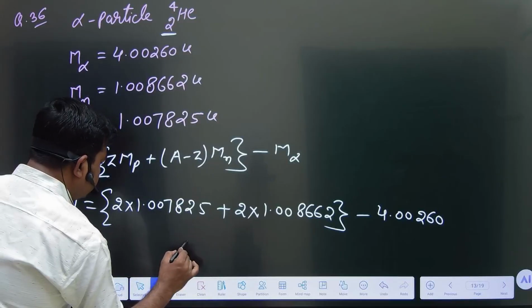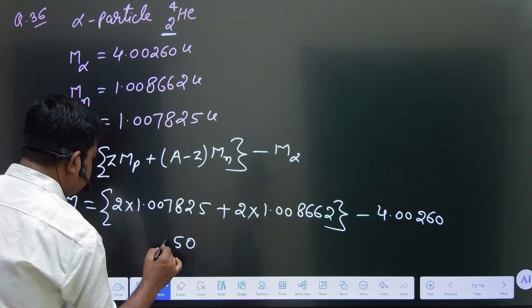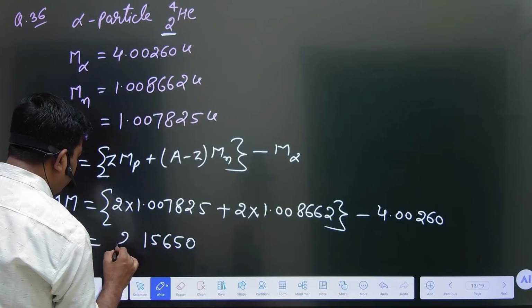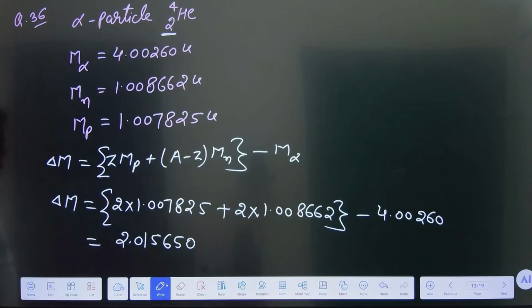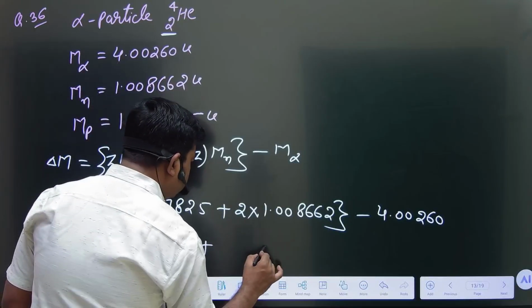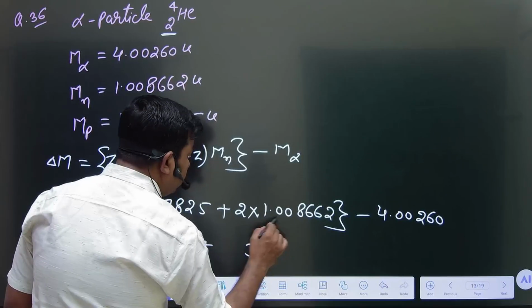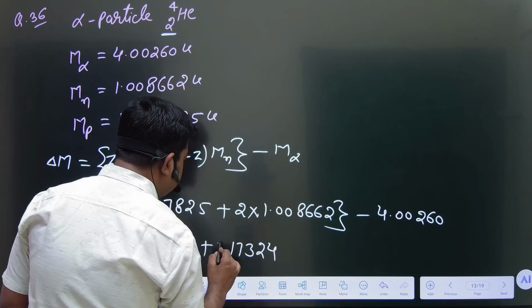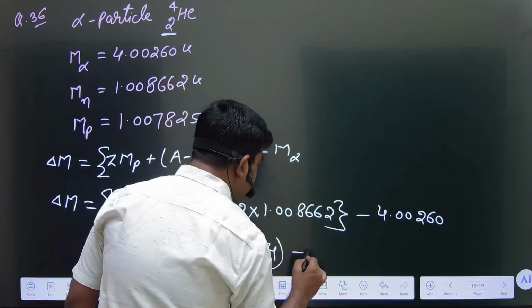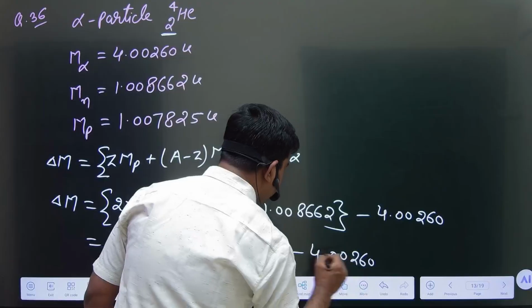We multiply and get 2.015650 plus 2.017324, which is 4.032974, and we subtract 4.00260.